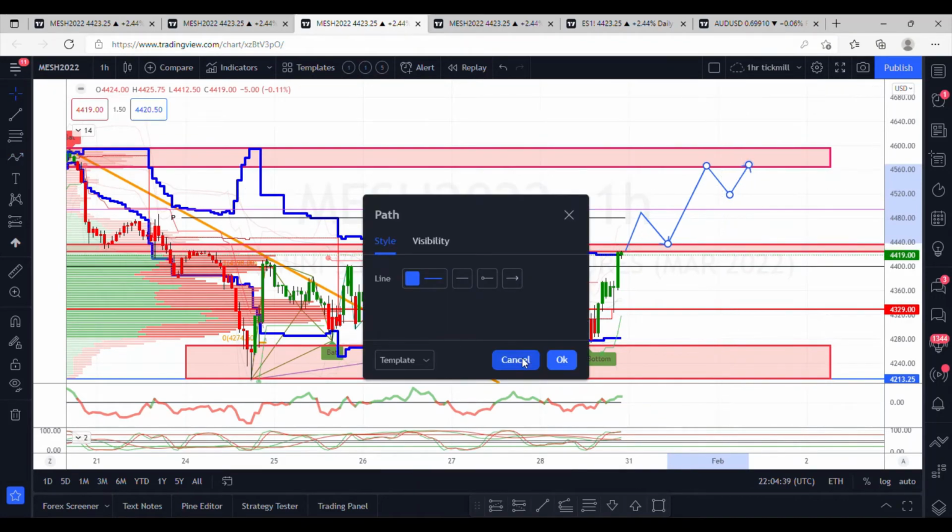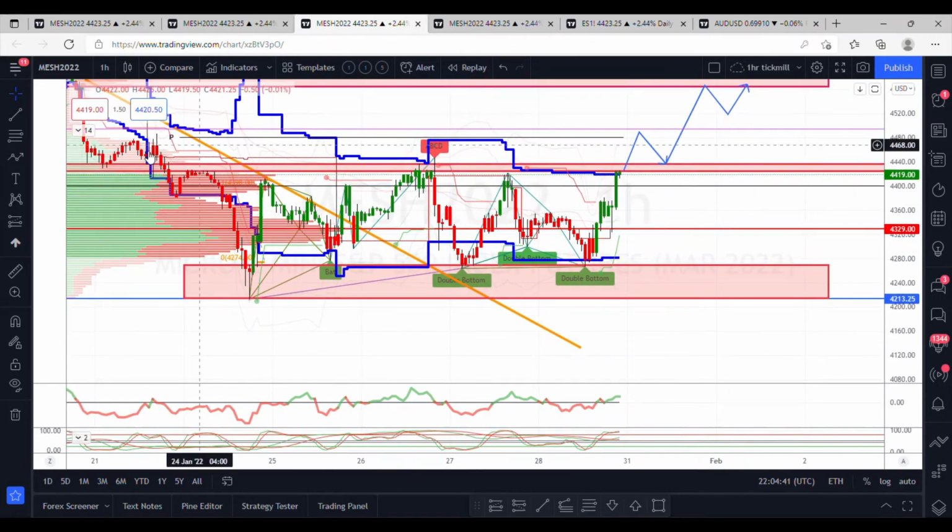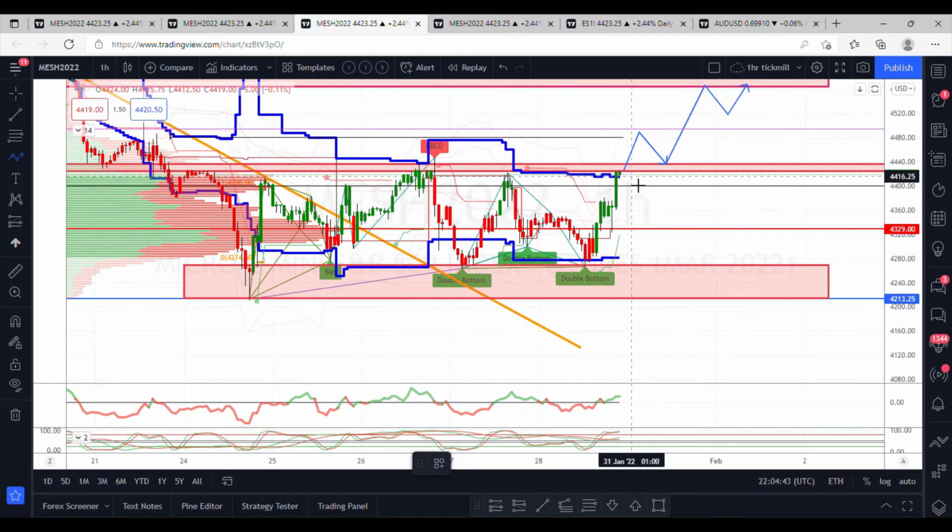That could be one scenario, or the other scenario, which I think would be more likely based on the daily and 4 hour, is actually we come back down, we test the VPOC, which is the point of control, and then we actually trade back down again into this 42.67 area, and we retest, and then actually we have a break.